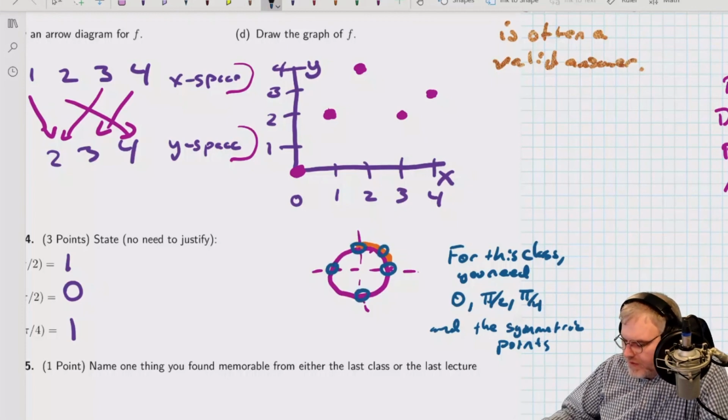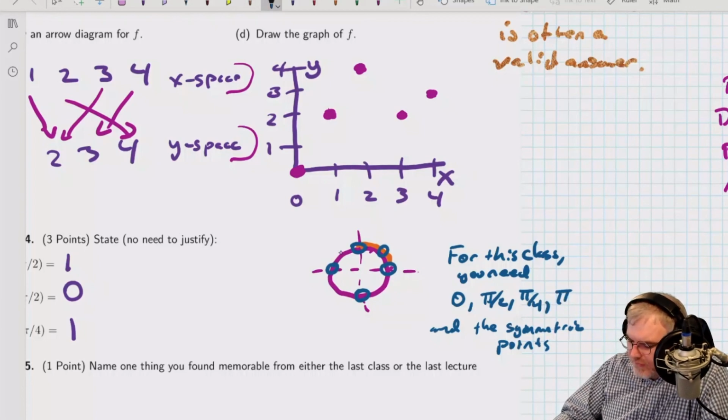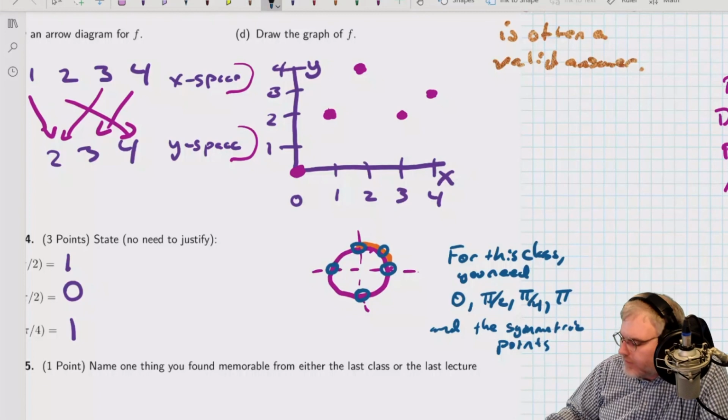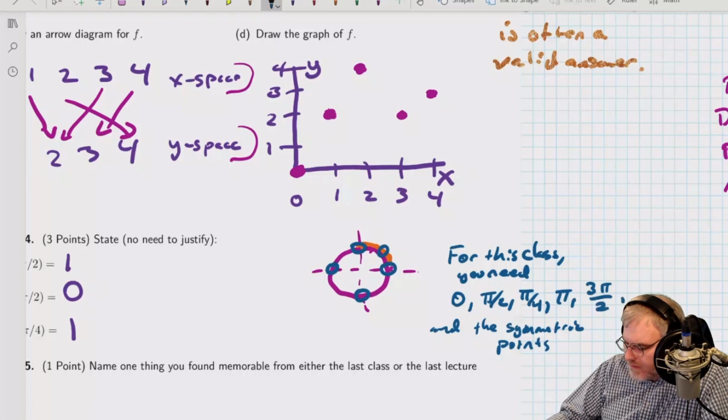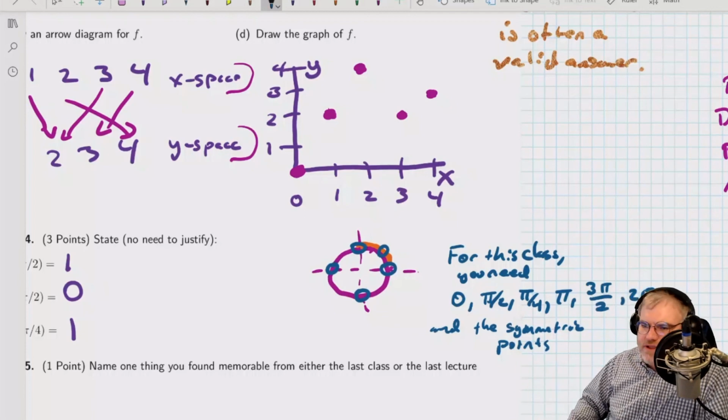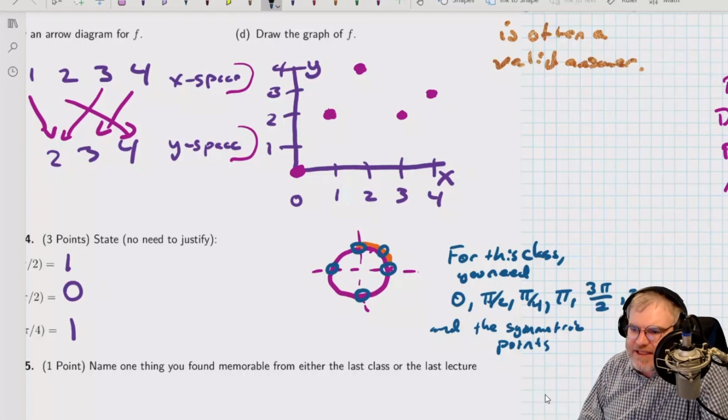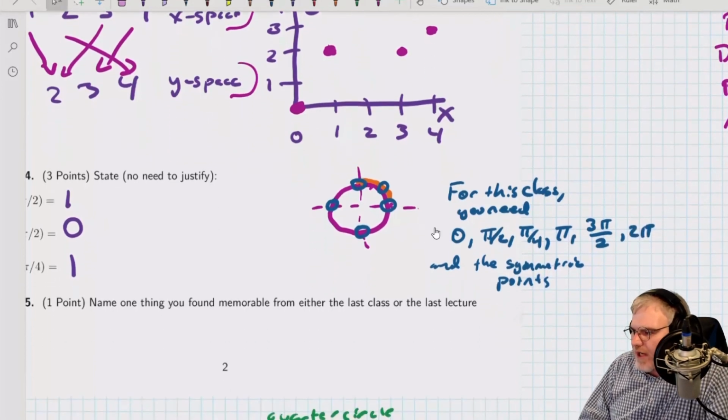I actually don't even want you to know all of them. I want you to know pi over 4, pi. I don't actually care if you know the tangents of those. I do care. I shouldn't say that. I'm just saying this is historically what has been asked on a test. Historically, those are the 5 values that you need to know: sine, tangent, and cosine for, off the top of your head.